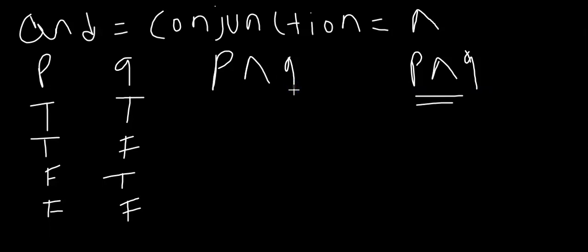Don't forget this. And if it is true and false, it will be false. And if it is false and true, it is still false. And false, false is just false.